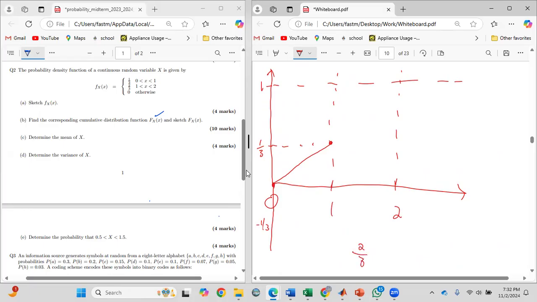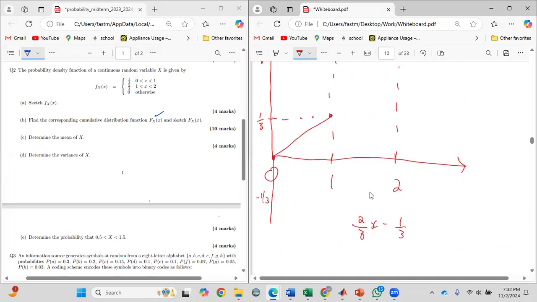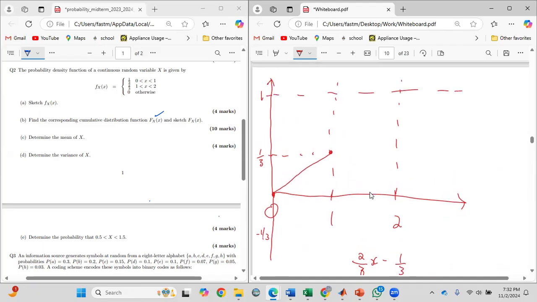So you have 2/3 x, subtract 1 on 3, you plug in 2 as x, because that's where it's ending. So 2 by 2 is 4 on 3. Subtract 1 on 3, which is 3 on 3, which is 1, which is correct. Okay, it's supposed to end at 1. So it will be a little steeper because there's the minus up here. So we're going to go up here, and then obviously from here now, you plateau.